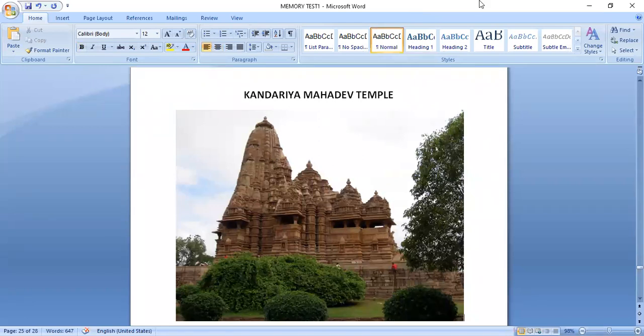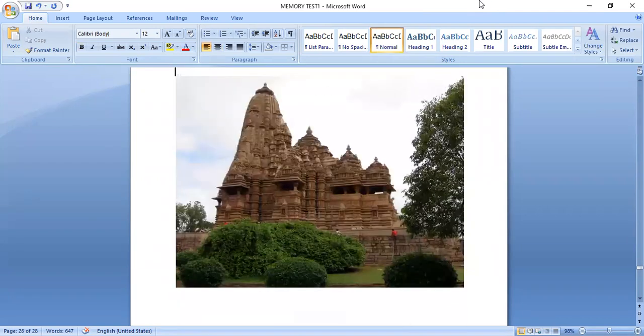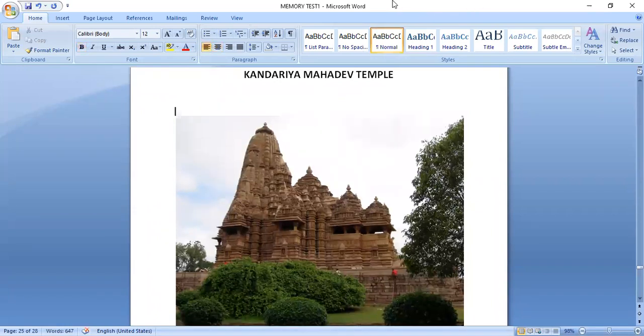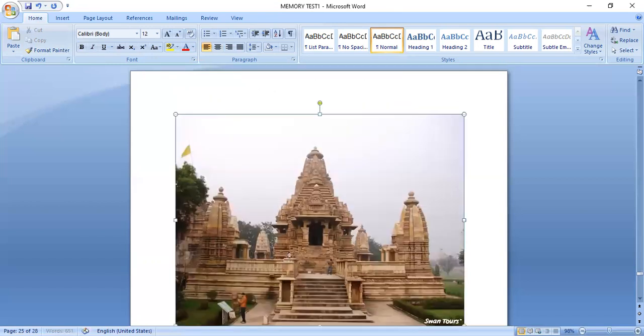This is called the Kandariya Mahadev temple. Okay, this is in Madhya Pradesh. It is one of the temples of the Khajuraho set of temples. This is how it looks.